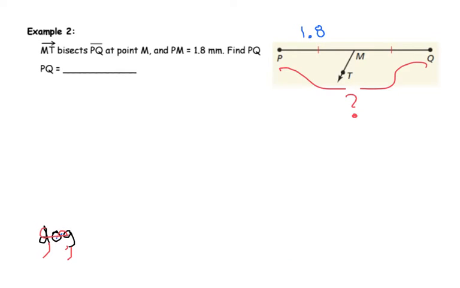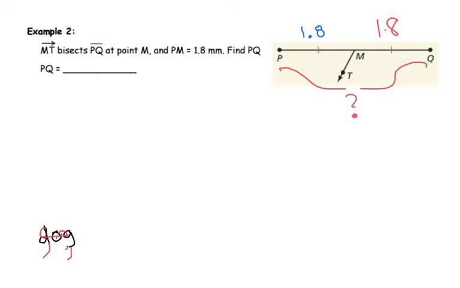All right, example 2. Ray MT bisects line segment PQ at point M. Okay, remember bisects creates two congruent pieces. And PM is 1.8 millimeters. Find PQ. So we're looking for the whole thing. Well, if we know that PM is 1.8, then hopefully we understand that MQ has to also be 1.8.